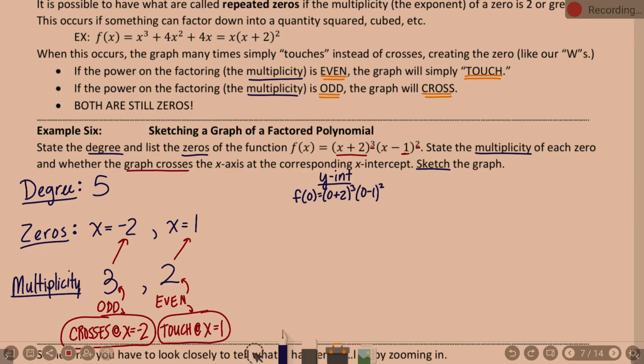What's 0 plus 2? 2. To the 3rd power. 8. 0 minus 1. -1. To the 2nd power. 1. 8 times 1? 8. So we have a y-intercept of 8, yes? And that's just helpful information, no?